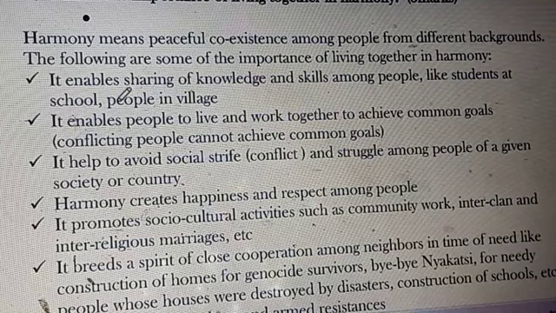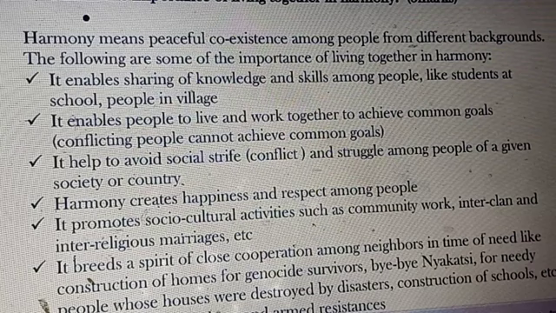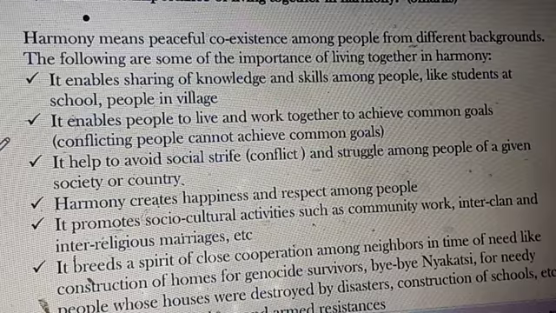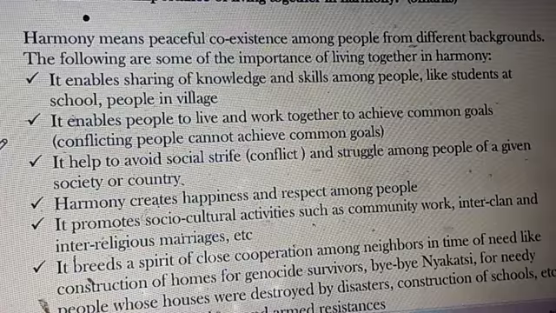First, it enables sharing of knowledge and skills among people, like students at school, people in a village. Second, it enables people to live and work together to achieve common goals, which people in conflict cannot achieve.